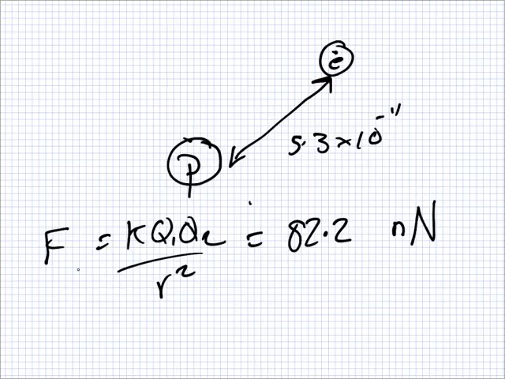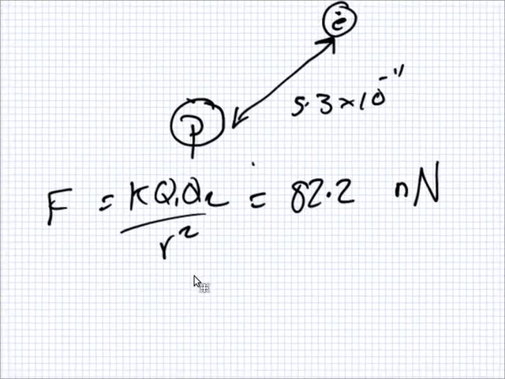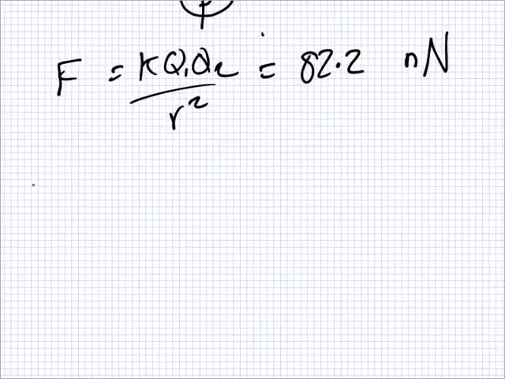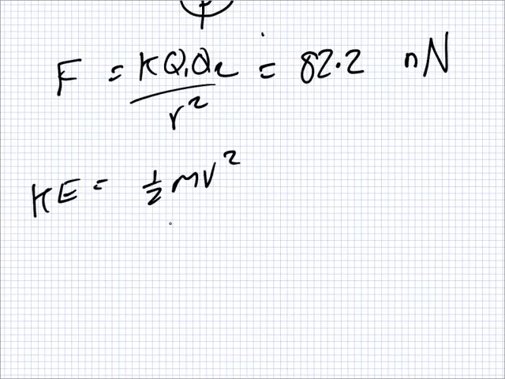Right, what's the next part? Kinetic energy of the electron. Well, what's the formula for kinetic energy? Half mv squared. So what's the thing you don't know here? The v. Yeah? Now, you have this formula. KJ, look. You want the kinetic energy, don't you?